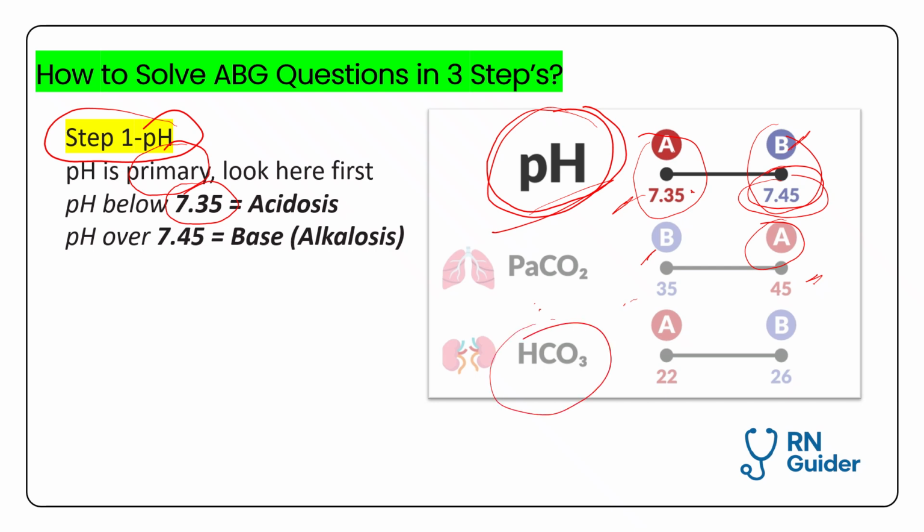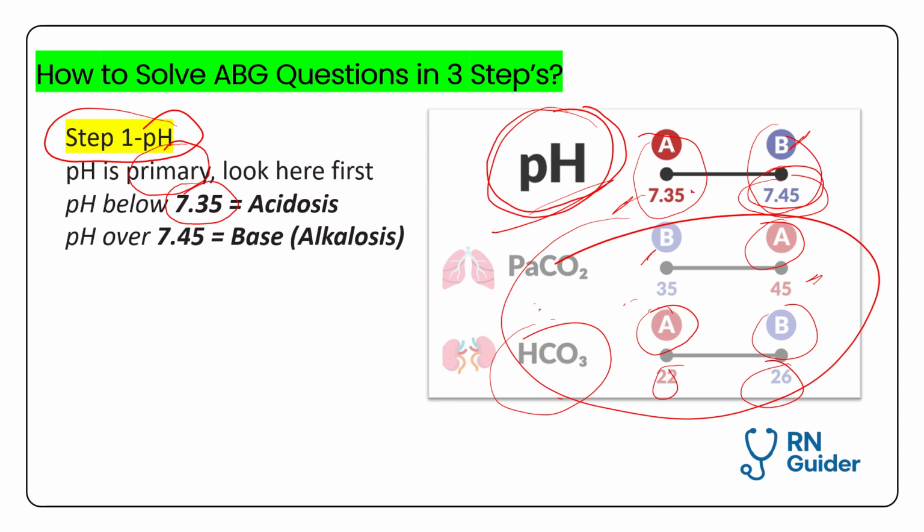In case of bicarbonate, if less, it will be acid. If over, it will be base. So in the first step, for ABG interpretation, we first need to look at the pH value: is it below or over?